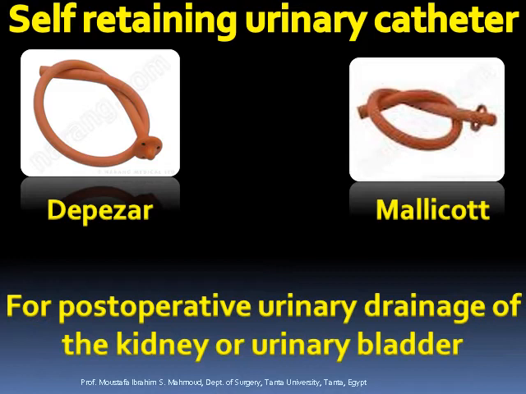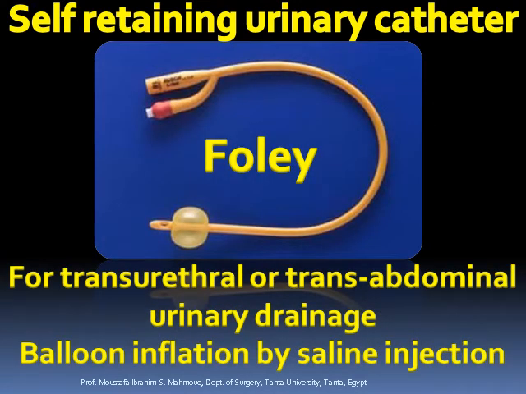Self-retaining urinary catheter, two types, the De Pezzer one and the Malecot one, for postoperative urinary drainage of the kidney or the urinary bladder. Self-retaining urinary catheter, the Foley's catheter, for transurethral or trans-abdominal urinary drainage.